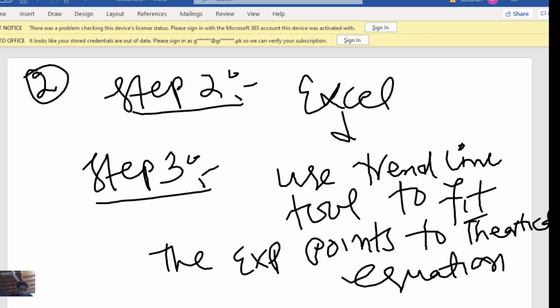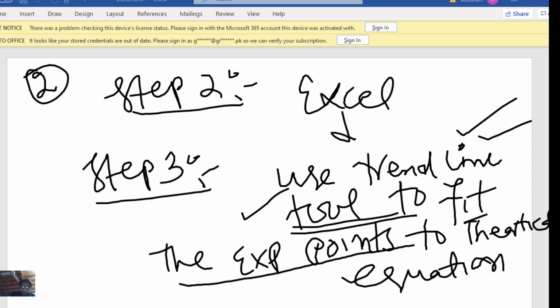The trend line tool is present in Excel. We will use it to fit the experimental points to the theoretical equation. This theoretical equation can be a linear line, quadratic, polynomial, or another exponential function.